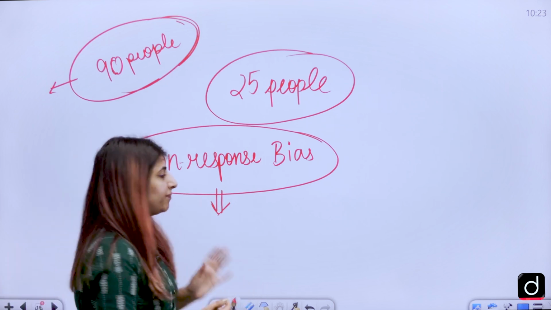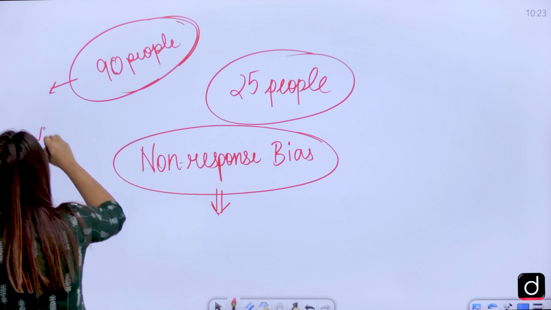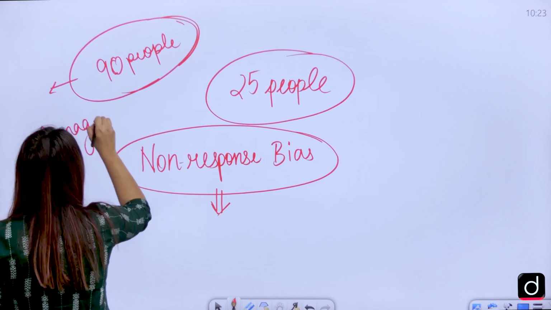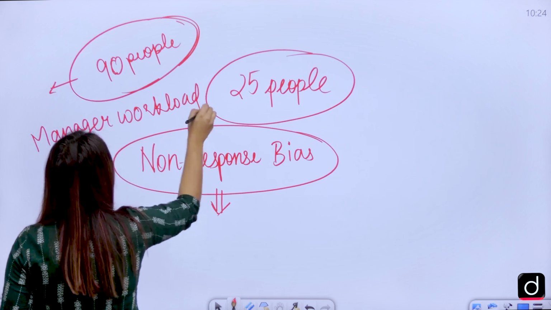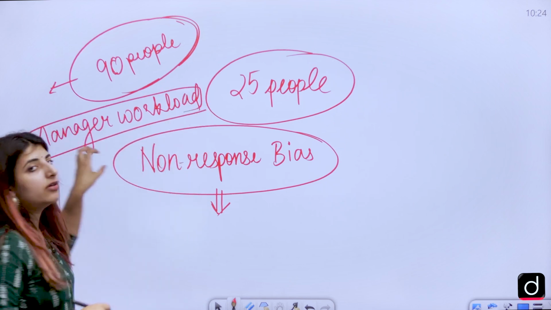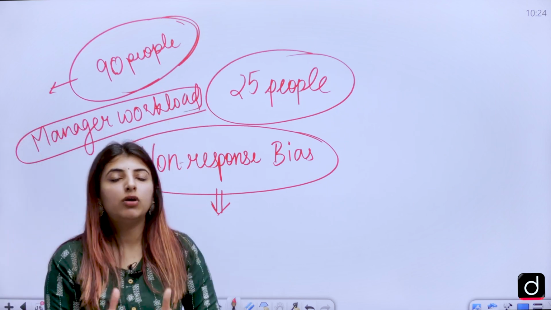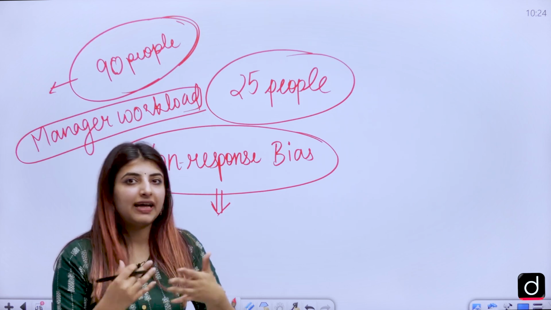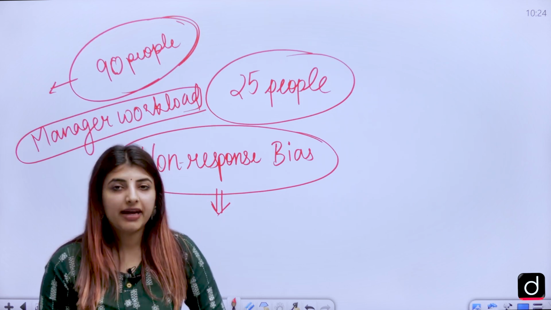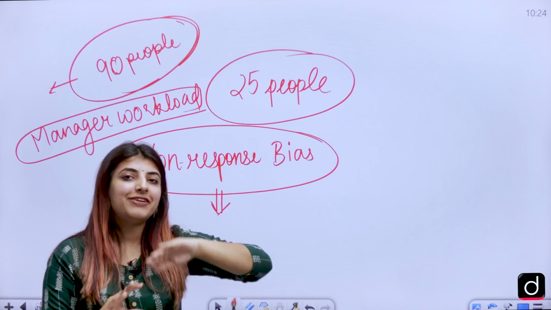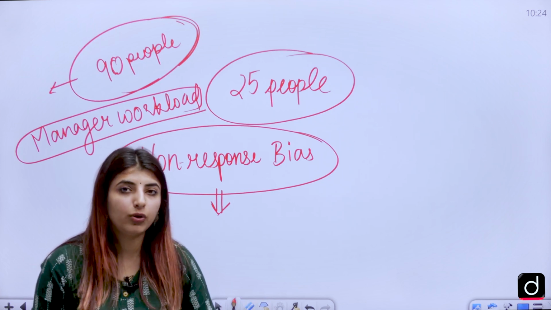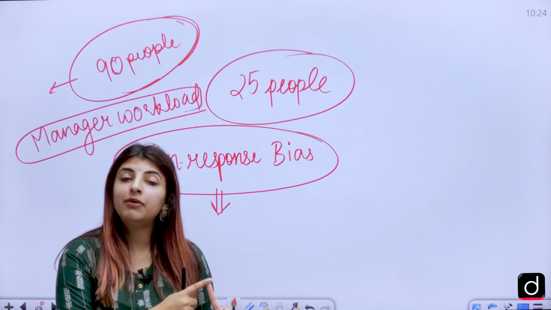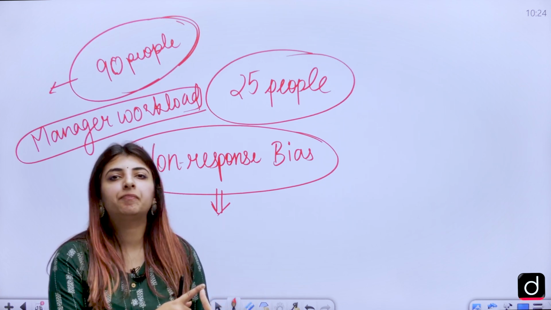Or let's just see, if I say that I am going to see the manager workload, I'm going to see how the people with more workload respond to my surveys. If I ask them a question, the managers with less workload will of course answer all my questions which are available there.